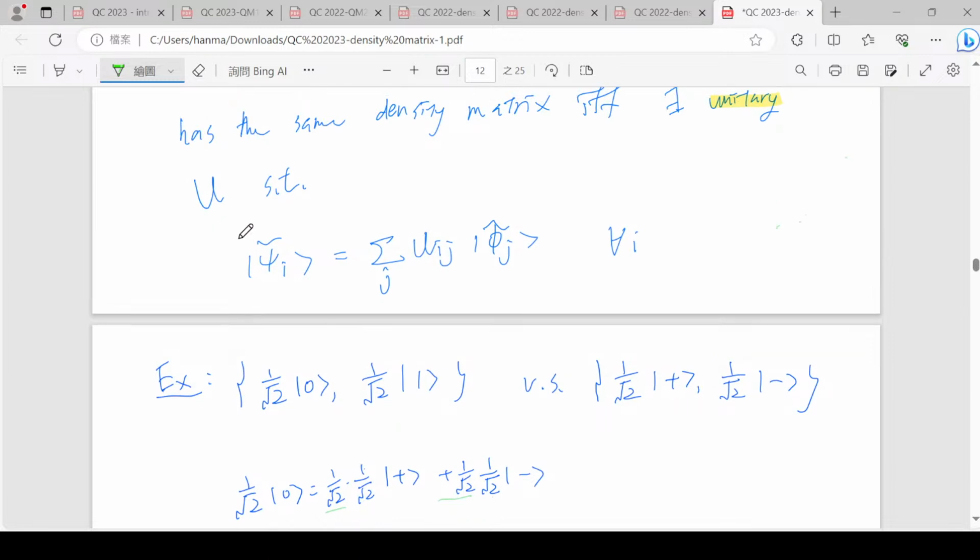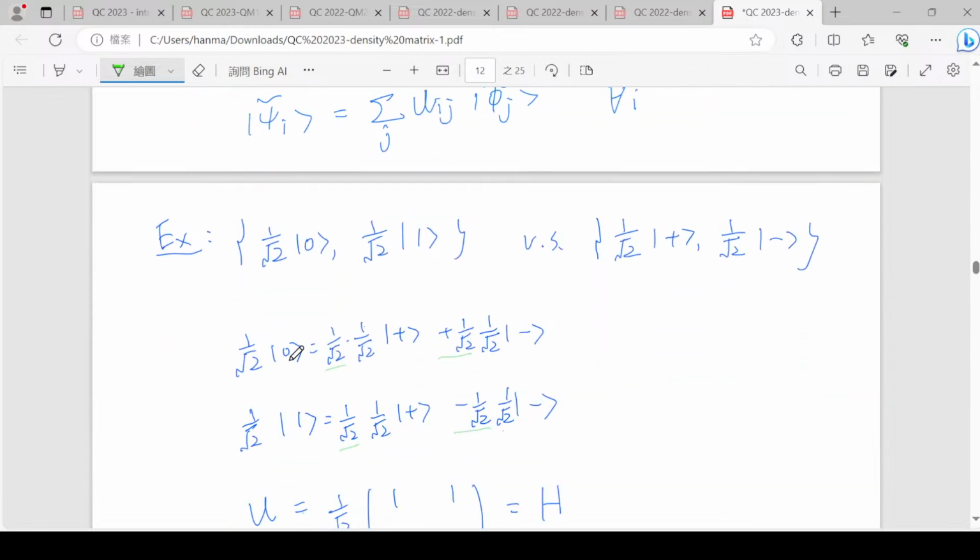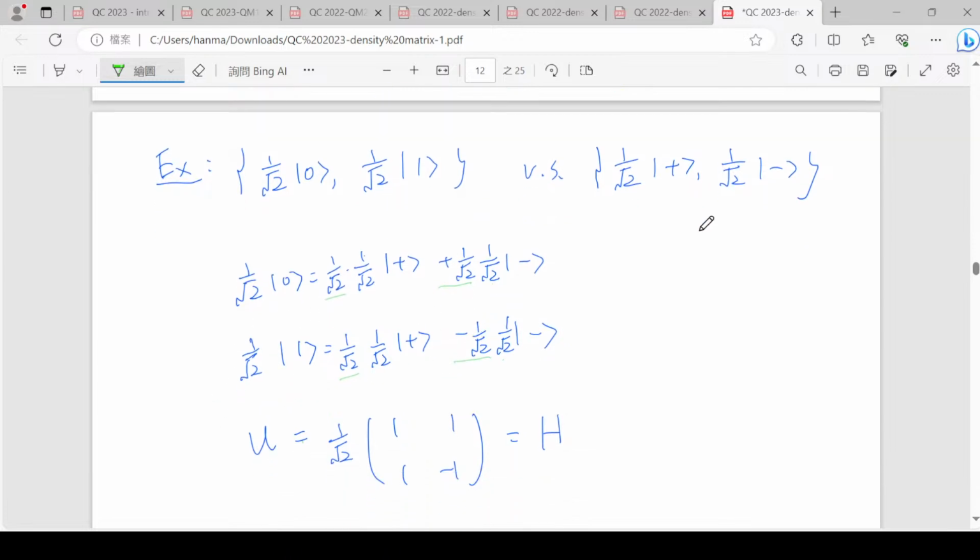Can we write every psi tilde as this unitary transform of phi_j tilde? 0 is like a plus plus minus, so 1 over square root 2 of 0 is 1 over square root 2 of this, with 1 over square root 2 of plus and 1 over square root 2 of minus. And 1 over square root 2 of 1 is proportional to plus minus minus, the plus state minus the minus state, with coefficients 1 over square root 2.